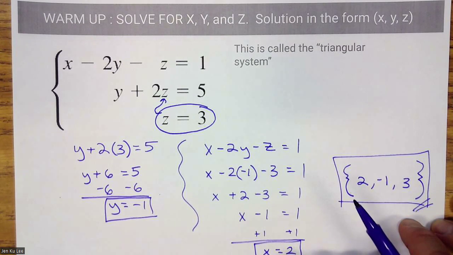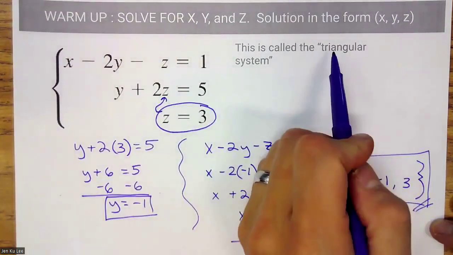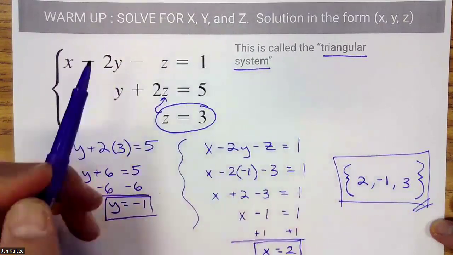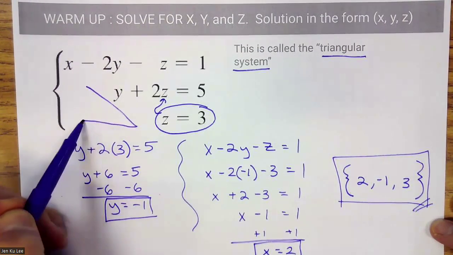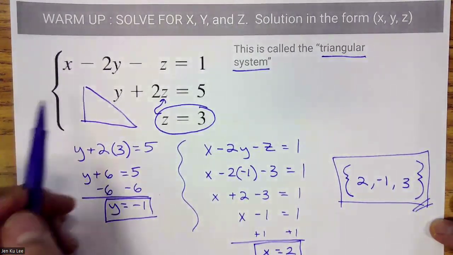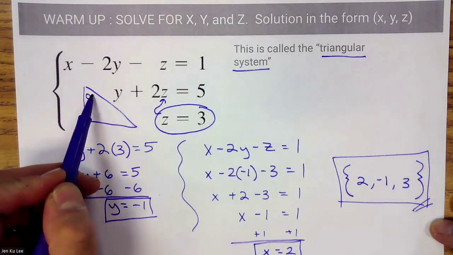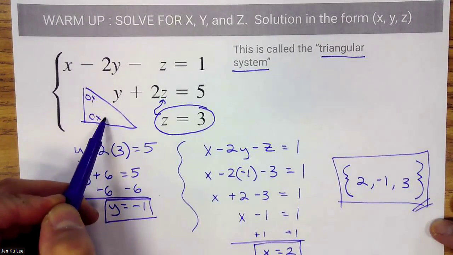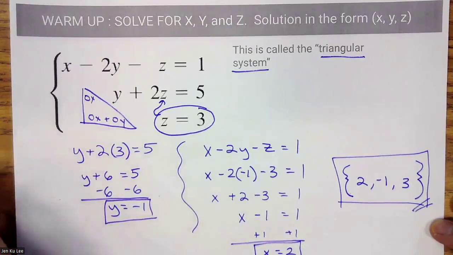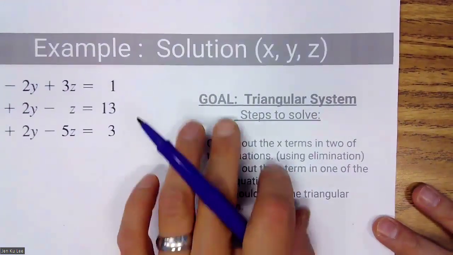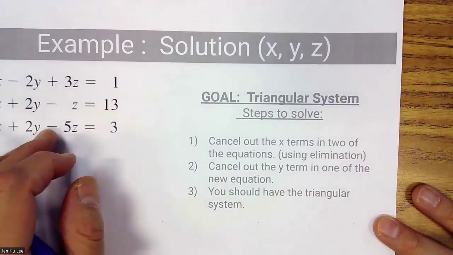This system is called the triangular system because there's a triangle of zeros here. You guys can just remember that, right? There's 0x plus 0y. So that's the triangular system, and our goal is to make that triangular system.